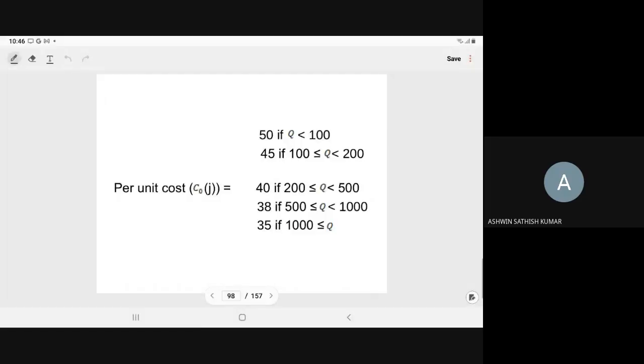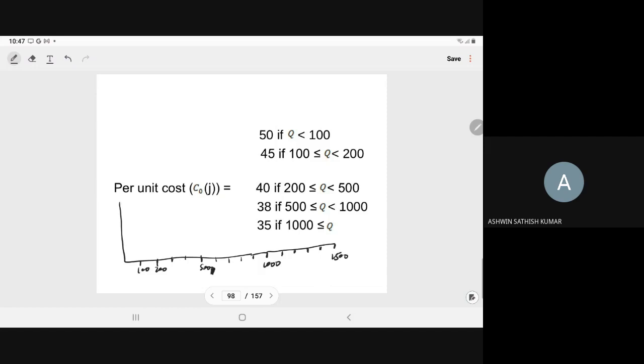From 500 to 1000 you have to pay 38, and if you are purchasing more than 1000, then you have to pay 35. It means, let's say we have 100, 200, 300, 400, 500, 600, 700, 800, 900, 1000, 1100, 1200, 1300, 1400, 1500.